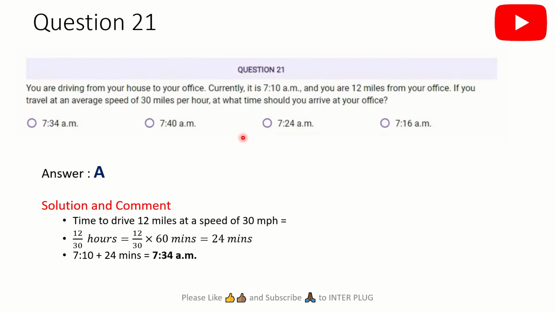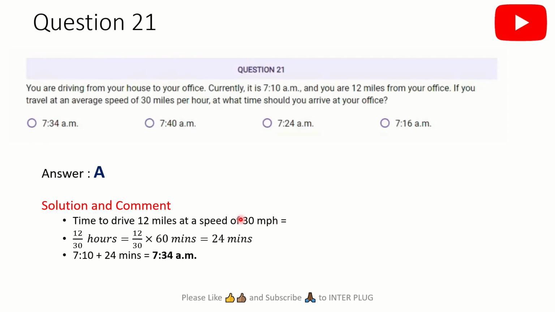So we need to first get the time that you're going to need to get to the office, right? If you need to drive for 12 miles at the speed of 30 miles per hour, we know that the time is the distance divided by the speed. That's a physics question, but it's also very logical.